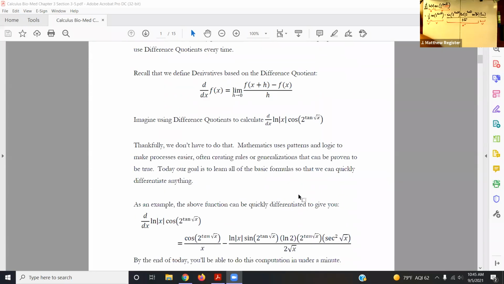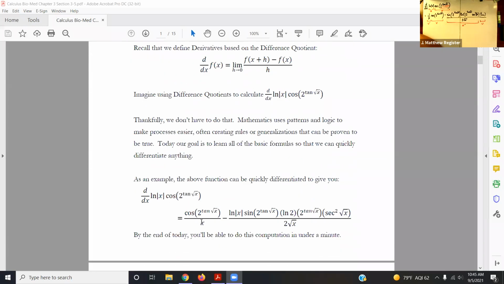So when we go to check, we have the cosine of 2 to the tangent root x over x, the 1 over x there. We have the minus sign from the sine term. We have the natural log of x. Oh, I should have put absolute values in there. So natural log of absolute value of x. That modifies the domain and range.